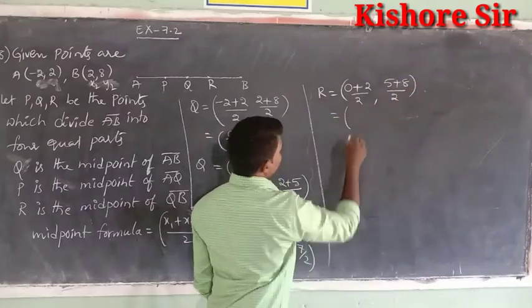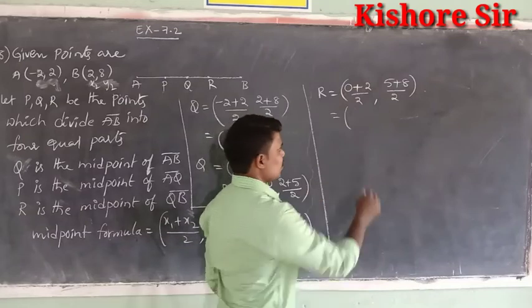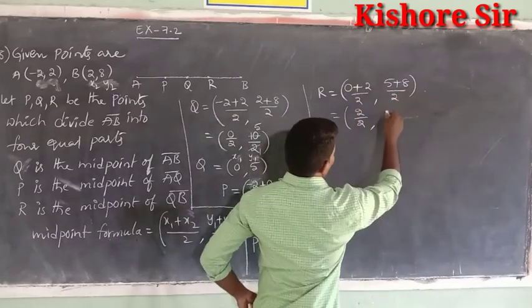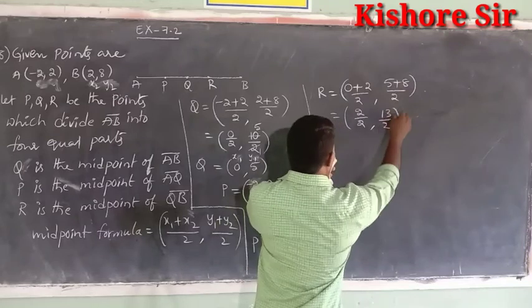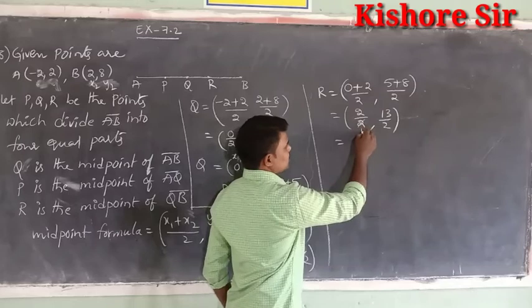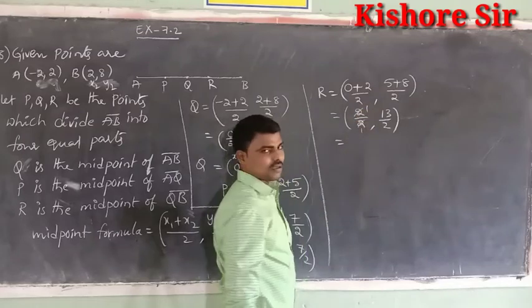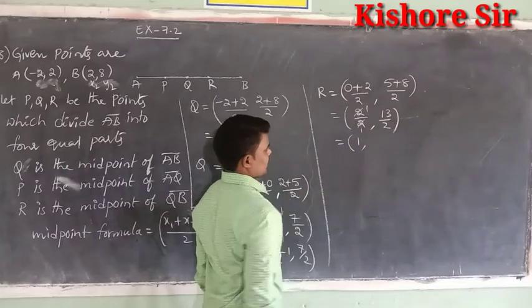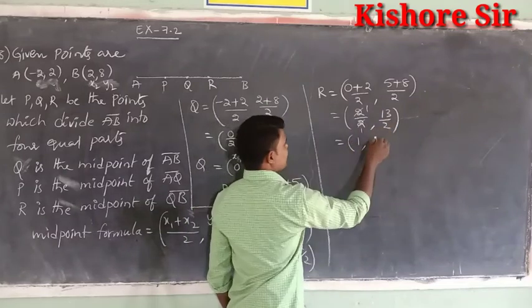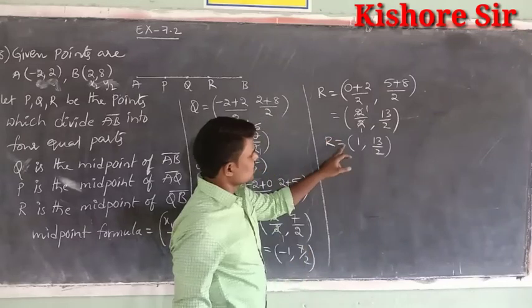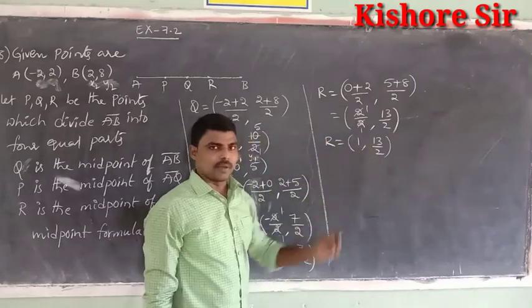That equals 2 by 2 comma 13 by 2, so 1 comma 13 by 2. So the coordinates of the point R are 1 comma 13 by 2.